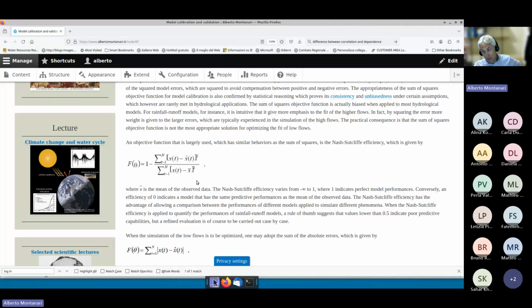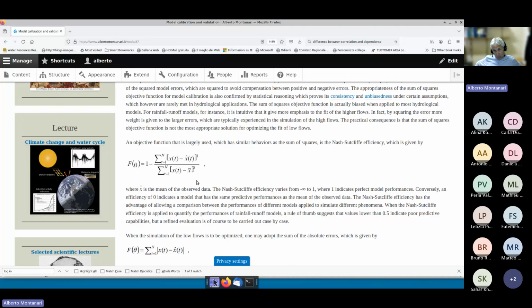But typically, given that we test models that are better than the average value, better than the naive model, we get values of the Nash efficiency in the interval 0, 1. I give you an indication in hydrology, which is very, very general. So you have to take it as a rule of thumb, okay?